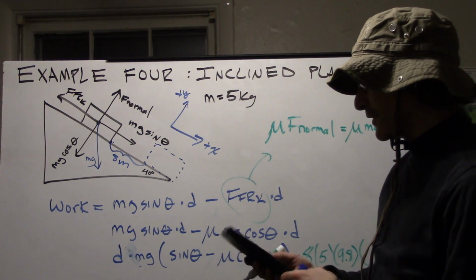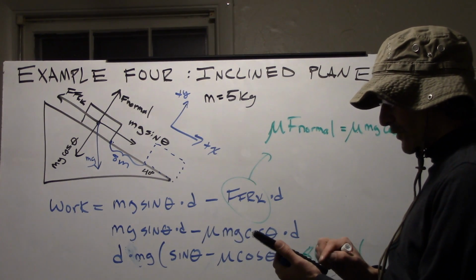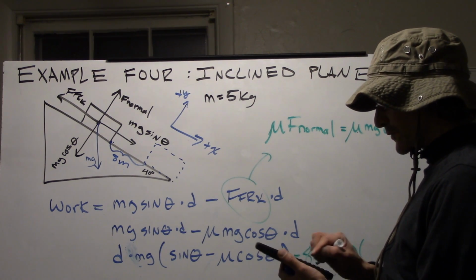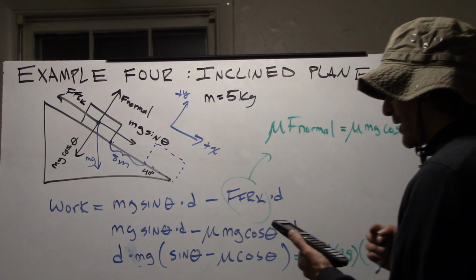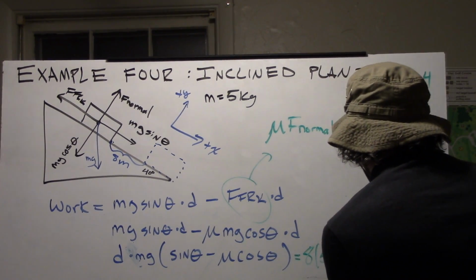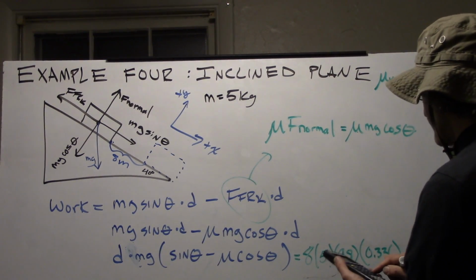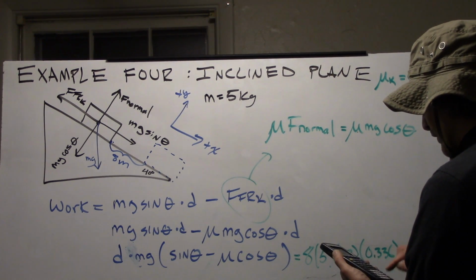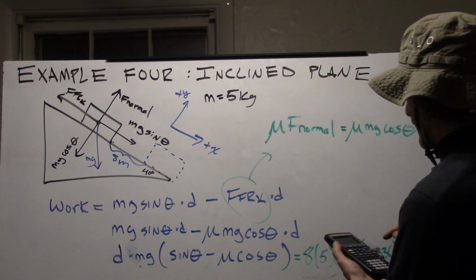So we got sine 40 degrees minus 0.4 times cosine of 40 degrees. And in there, it's 0.336. Let's go with that. And this is it. So we have 8 times 5 times 9.8 times 0.336. And 131 is positive. Yeah, all right.